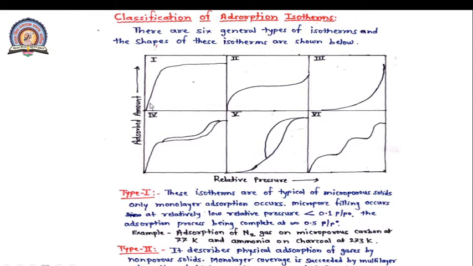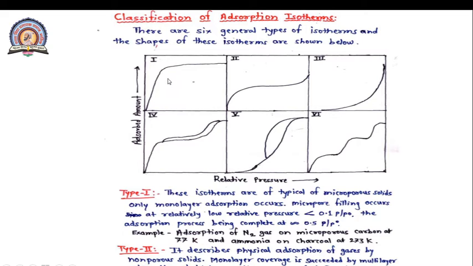Here the adsorbed amount increases at a relatively low pressure, less than 0.1 P divided by P0. The adsorption process is complete at nearly 0.5 relative pressure, that is P divided by P0.